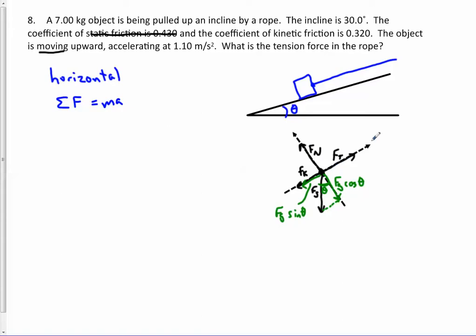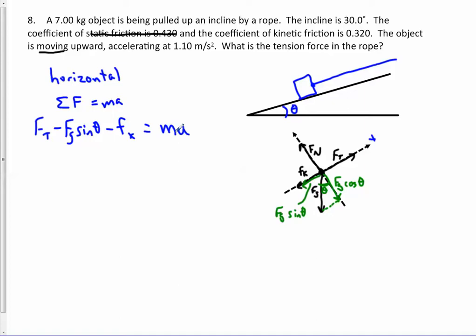We have tension going in, let's call that the positive direction. So we have tension. And then we have a component of gravity going in the negative direction. And we have kinetic friction. And these all have to equal ma.